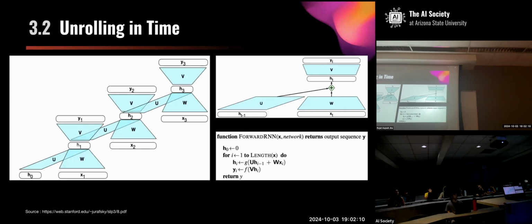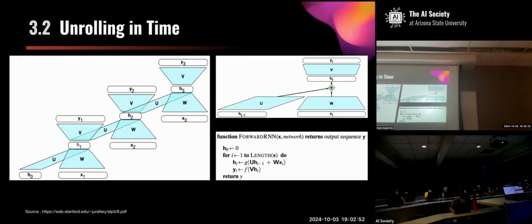You can think of it as a part of speech problem where you are trying to predict the part of speech for all the words, or you can think of it as a machine translation problem of a fixed length, English to Spanish or some other language, where each word is being converted to its respective counterpart. So Y is the translated version of X. Or if you just want to predict the next token, or you want to use RNNs as a language model, you don't predict Y1, Y2. You just predict the last token at the end.